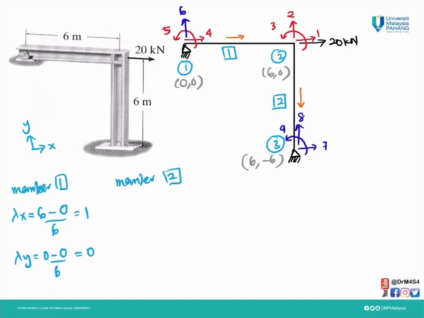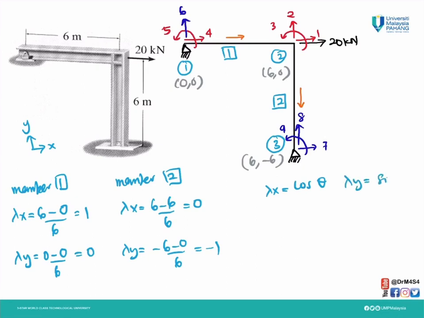Now let's calculate lambda x and lambda y for member 2. For lambda x, 6 minus 6 divided by 6 is 0. And for lambda y, negative 6 minus 0 divided by 6, so negative 1. Also, as in the previous notes, lambda x equals cos theta and lambda y equals sin theta.